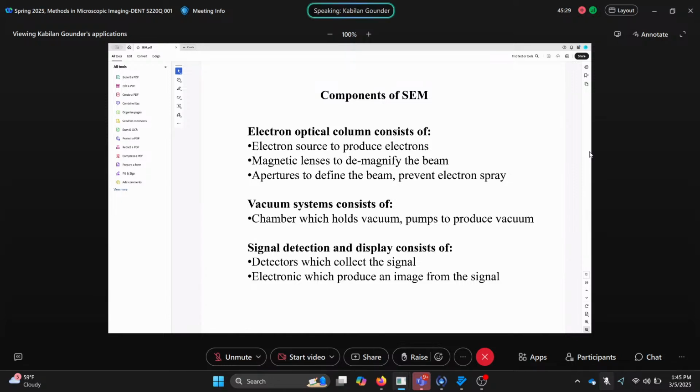The vacuum system is very important for the scanning electron microscope, with pumps to produce the vacuum. Then the signal detection and display, which consists of detectors which collect the signal, and also electronics, which produce an image from the signal.